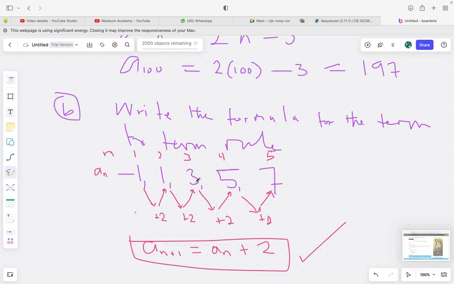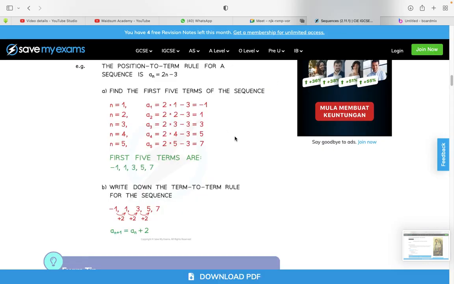Here a1, a2, a3. a3 plus 2, that's 3 plus 2, you get 5, you get a4. To get the next one, you say a4 plus 2: whatever the answer for a4 was, which is 5, plus 2, you get a5, which is the next one. So that's how this term-to-term position formula is given. Is that okay?